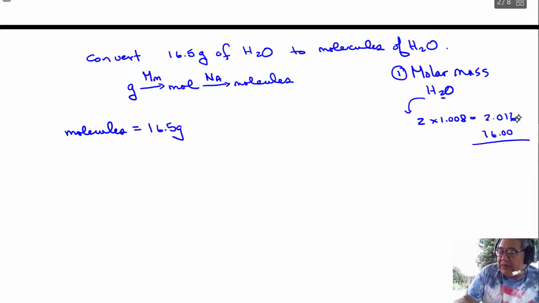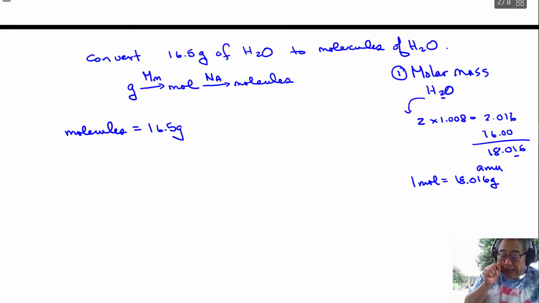When I add those together, I get 18.016, and we'll leave it at that, even though I should be rounding it if I was actually reporting that number out. So 18.016 atomic mass units, but that also means that 1 mole is equal to 18.016 grams.